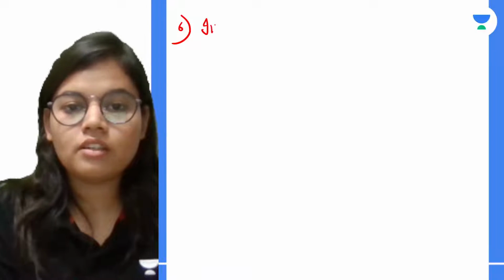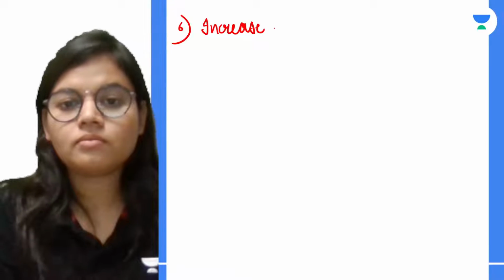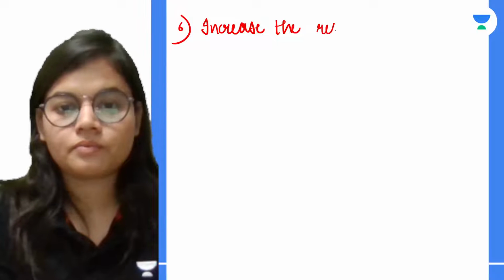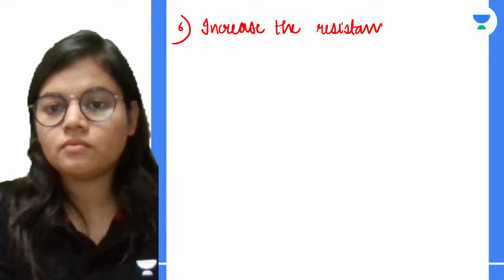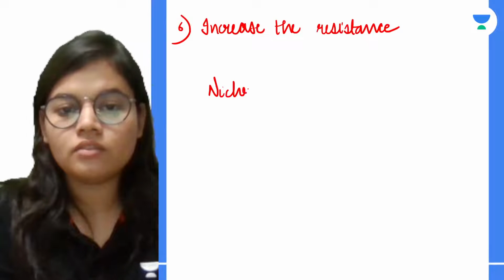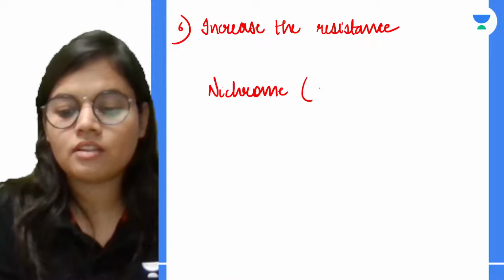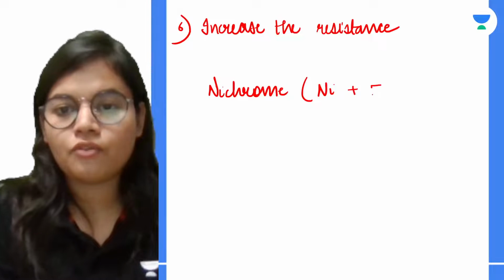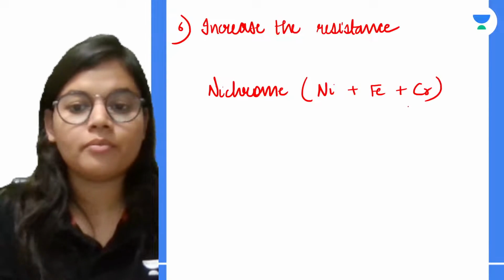Okay, and one more reason could be to make it more resistant to electricity, so to increase the resistance. So here we can use nichrome wire, which is made up of nickel, iron and chromium.